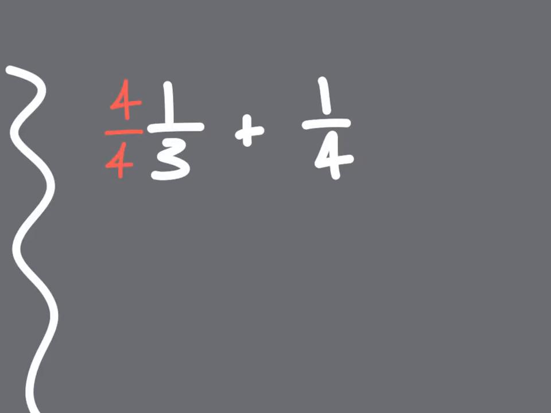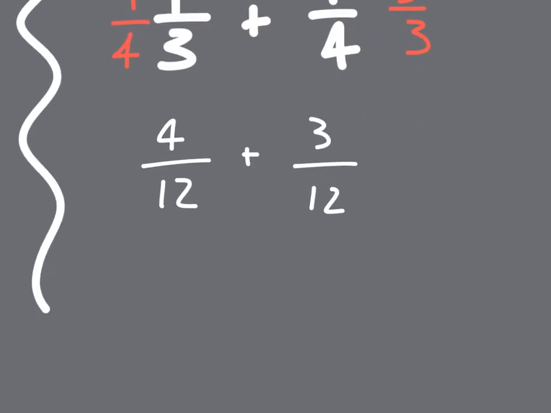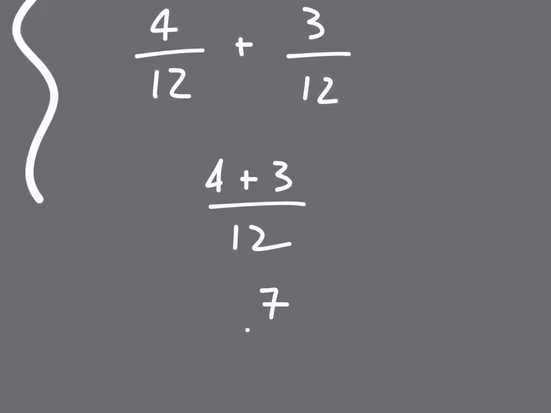And then over here, I'm going to multiply by the opposite denominator, which is 3, so this is going to be 3 over 3. So I've got 4 times 1, which is 4. 4 times 3 here is 12. Plus then 1 times 3 is 3. 4 times 3 is 12. Then I add those together, and I do 4 plus 3 all over a common denominator of 12, because that's what I have here. And that's going to give me 7/12. And that's my answer.